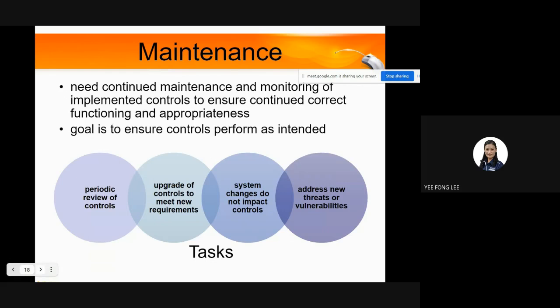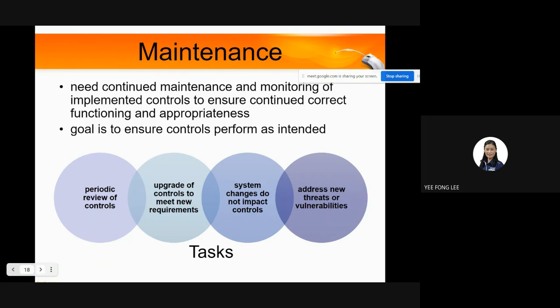Next one, we look at maintenance. Looking at the screen here, the first aspect is continued maintenance and monitoring of the implemented controls, to ensure that everything is correct and works properly and appropriately.